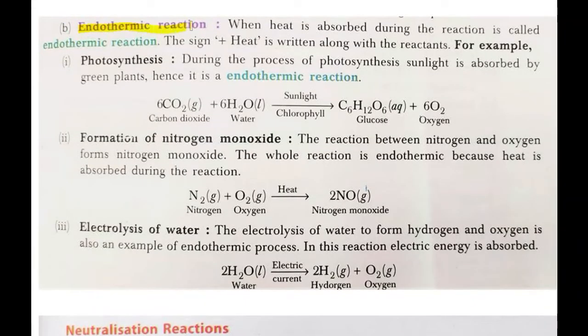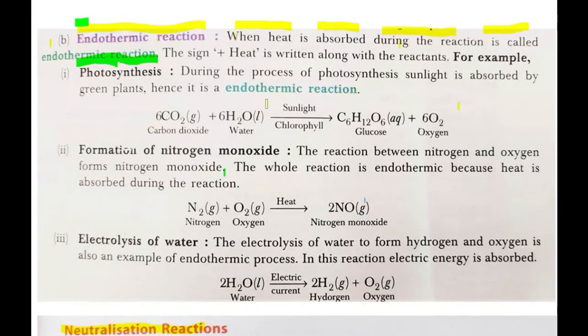Now the next type of reaction is the endothermic reaction. Endo means absorb, therm means heat. So when heat is absorbed during the reaction, such a reaction is called an endothermic reaction. Here heat is getting absorbed, and in exothermic reactions heat is getting evolved, coming out of the reaction.